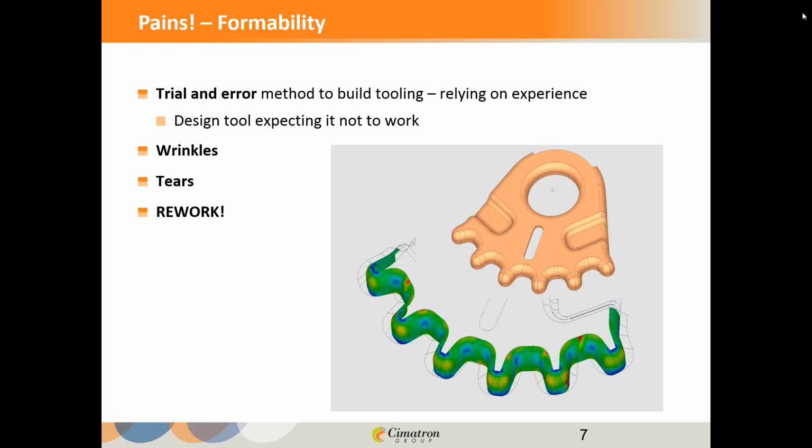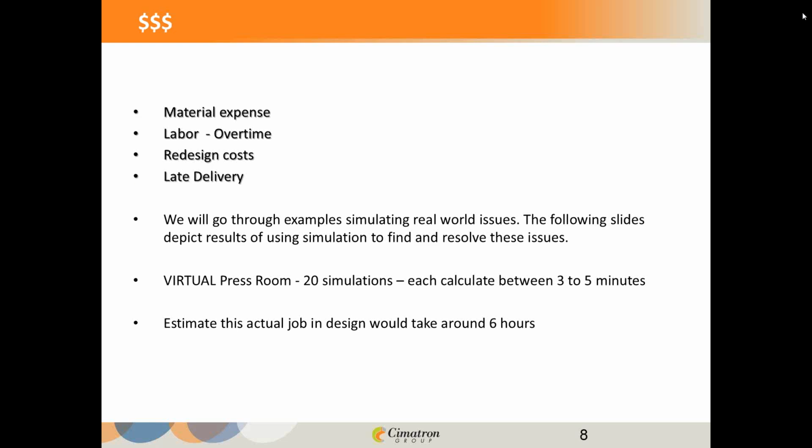All in all, we're talking about reworking a die, sometimes several times, in order to get the results that we're really looking for. So the question that could be asked then, all this work, has it been anticipated? Was that cost included in the initial quotation? Talking about the expense of replacing your die steels, having to work overtime, all those redesign costs.